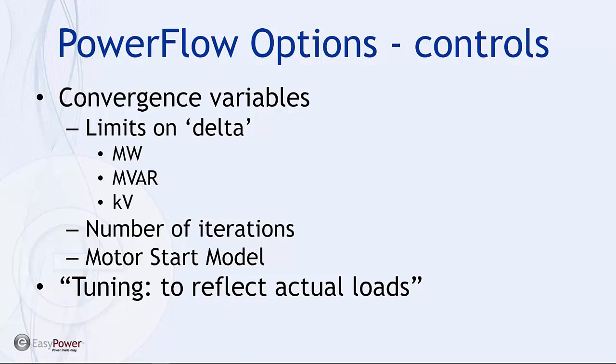Specifically, you'll see we have limits on what the delta is in the real power calculations, the reactive power calculations, and then the voltage differences as we go from one bus to the next and solve this series of double-ended equations. We also put a fixed endpoint on the number of iterations that are done, and how we handle motor starts is also a way to deal with the variations in the iteration.